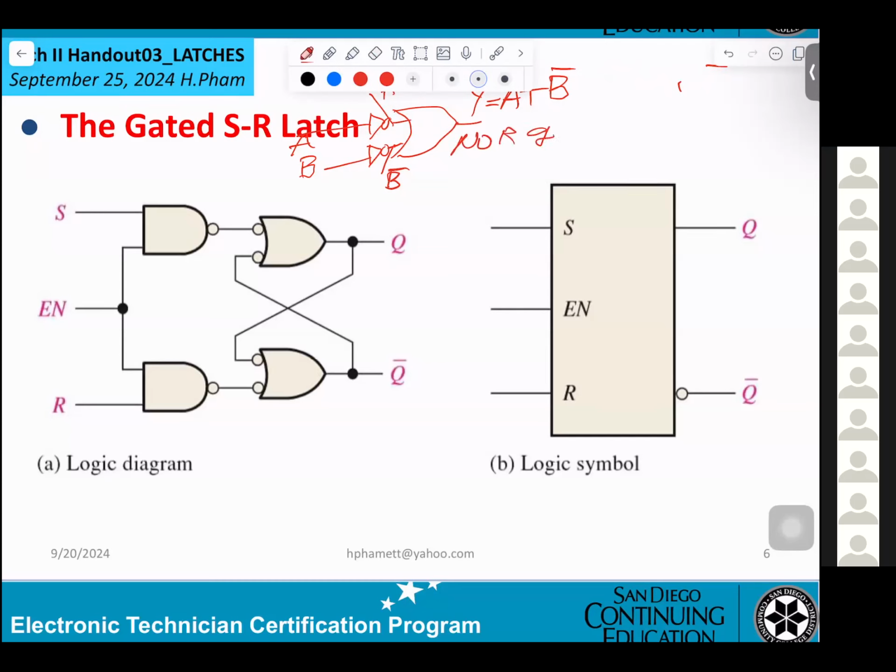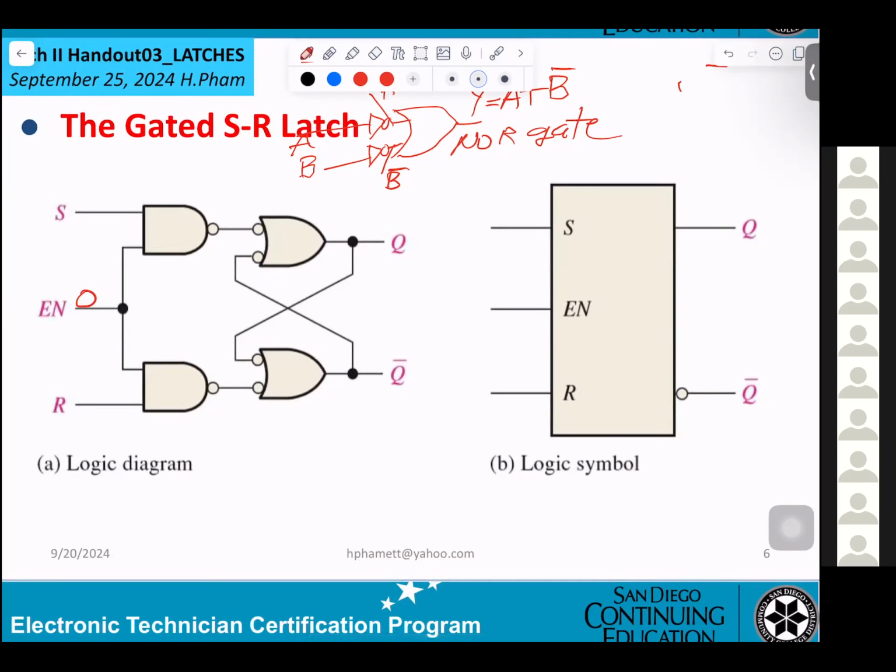Okay, now. If enable equals 0, what is in here? This is the NAND.